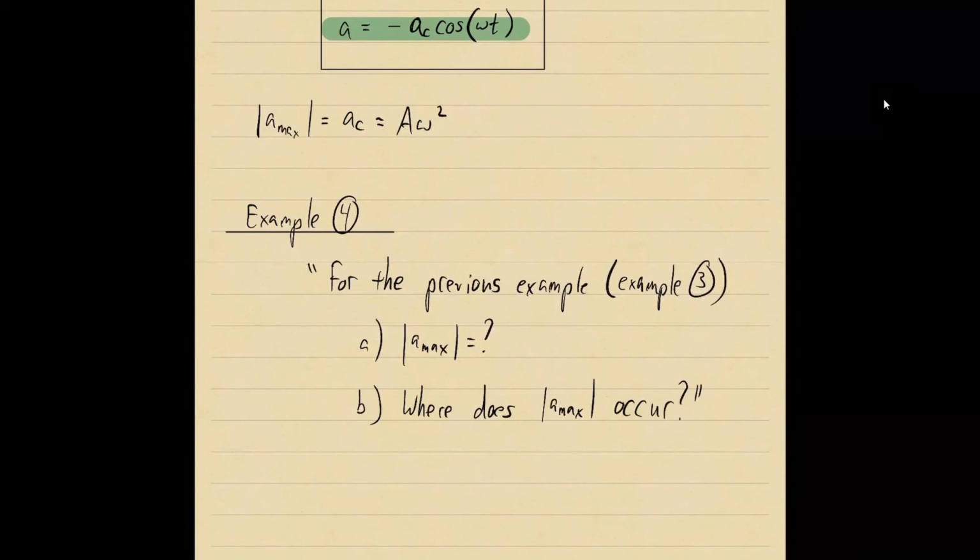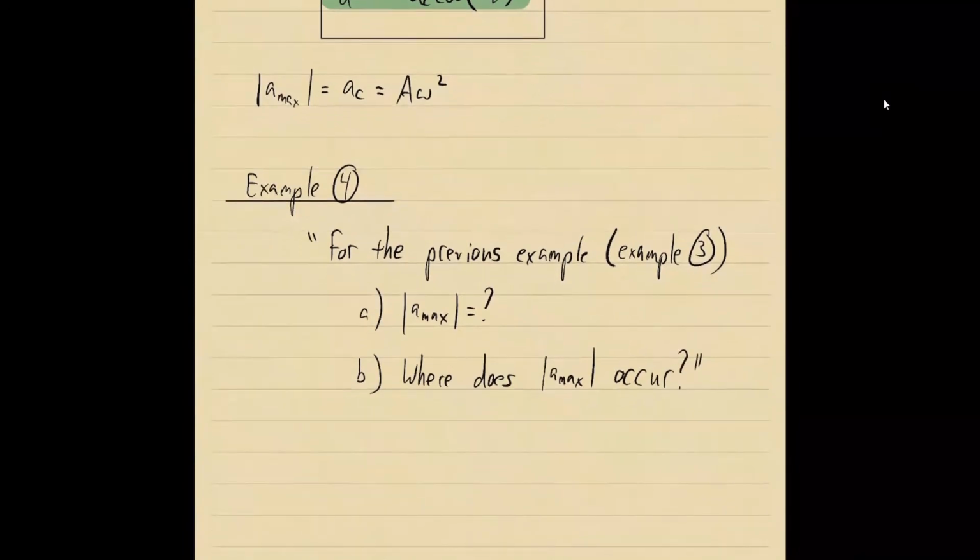Okay. Just as a reminder, the amplitude of this motion was 0.2 millimeters, which we found to be 0.2 times 10 to the -3 meters. And the frequency was 1000 hertz.